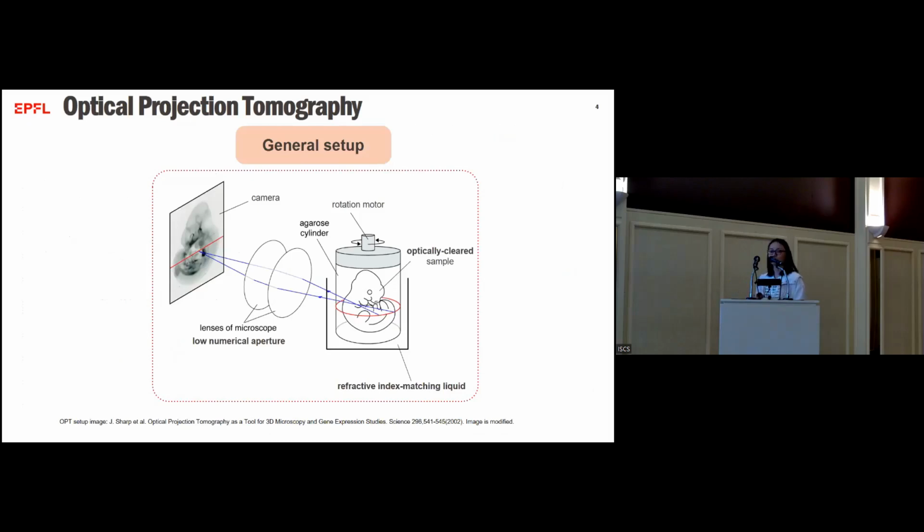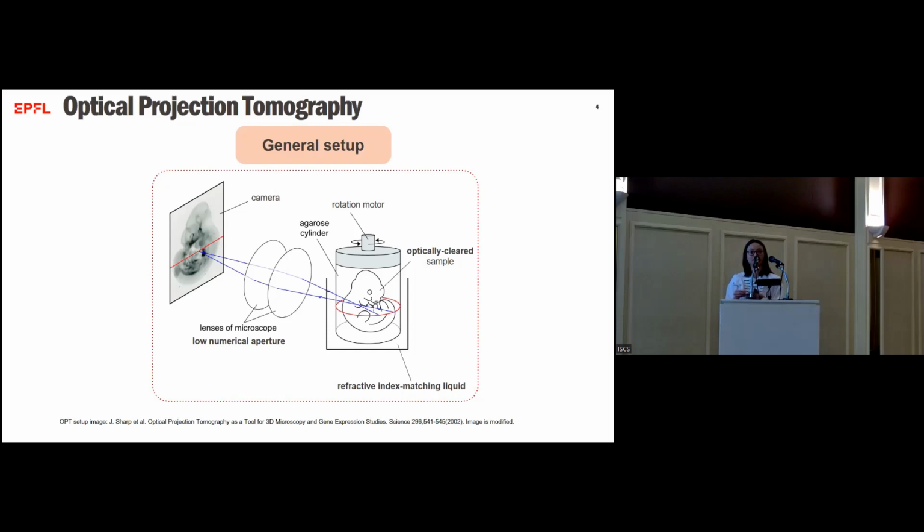The general setup of OPT is very similar to X-ray CT. We have a sample that is rotating and we have a camera that's detecting the projections. The big difference is that we have a lens system to focus the light on the sample, and typically this lens system has a low numerical aperture. You may wonder how this even works, because light is strongly scattered by biological tissues.